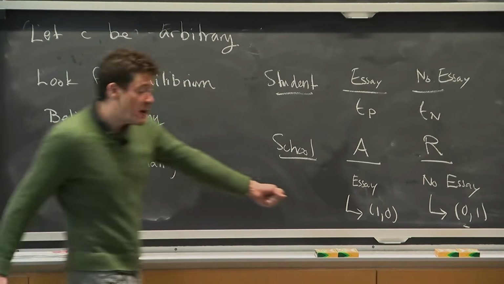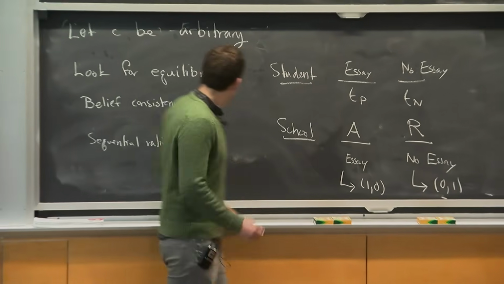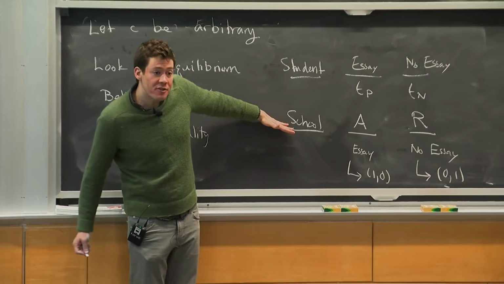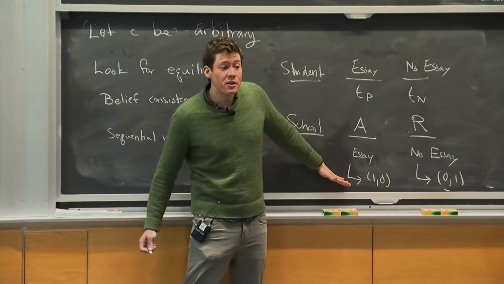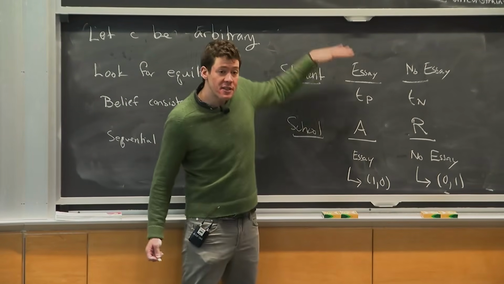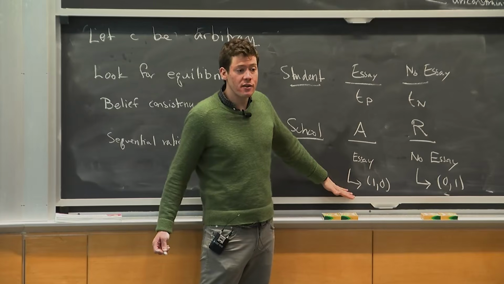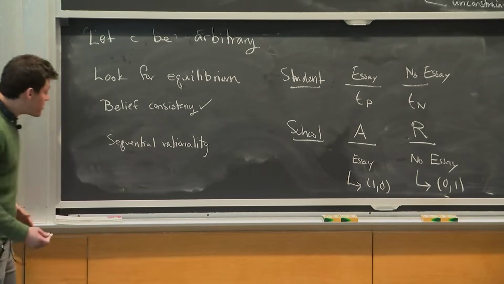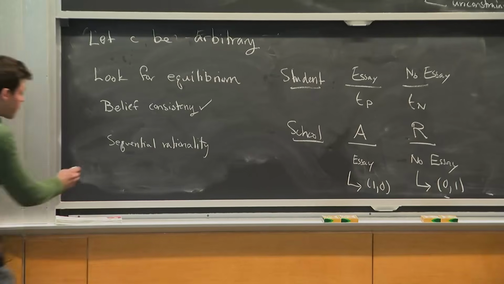Yes, right? We just checked Bayes' rule, so we're good here. And just a reminder, when I say equilibrium, notice I've not just specified the strategies, I've also specified the beliefs. And that's because this is an assessment, not just a strategy profile. Right? OK, so I have belief consistency. Now I move to sequential rationality. Well, let me separately check it for the student and the school.